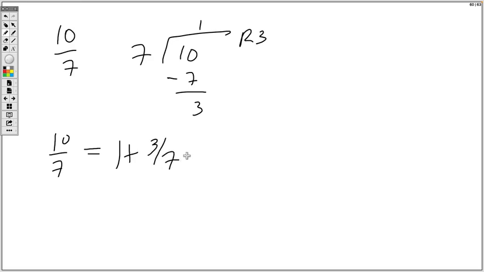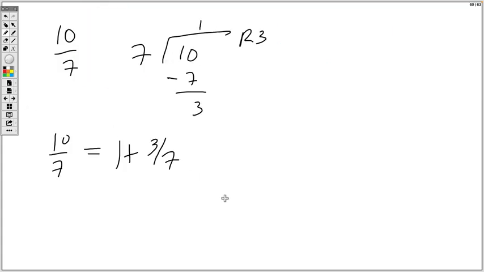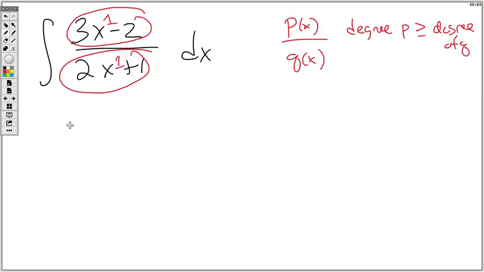You follow? So that same arithmetic, that same division algorithm, carries over into polynomials. You can essentially think of this as a quote-unquote improper rational function. You can do long division to rewrite it in the same way we wrote this. Okay? So let's see if we can do that.